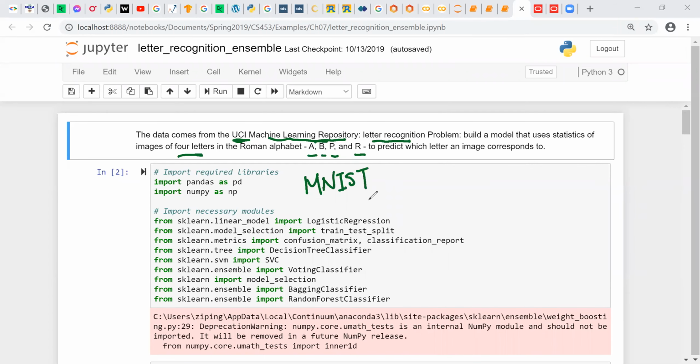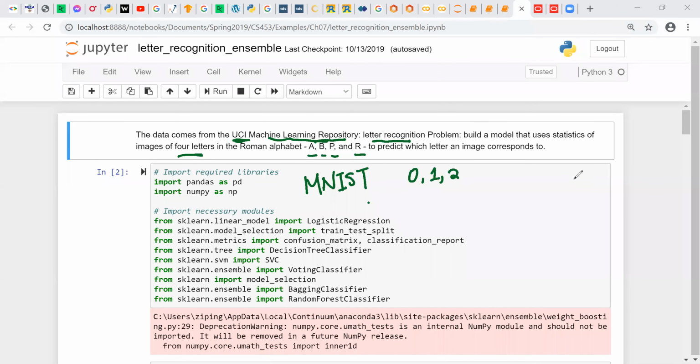Who remembers what MNIST is about? Let's see the chat.